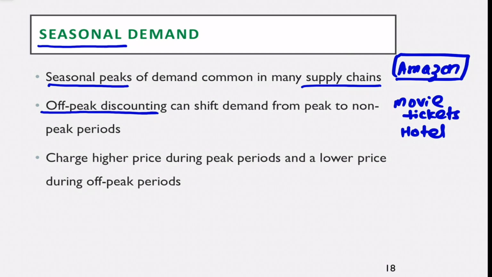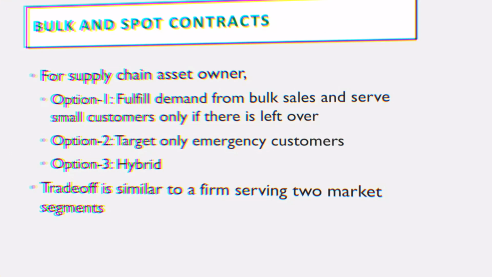For example, for hotels like Marriott, peak demand days are generally in the middle of the week, so they offer lower rates during weekends to encourage families who are traveling for vacation and so on. So these businesses use differential pricing by charging a higher price during peak periods and a lower price during off-peak periods.